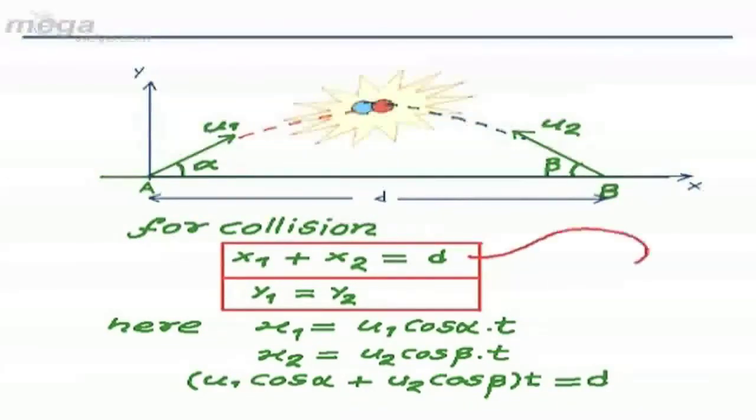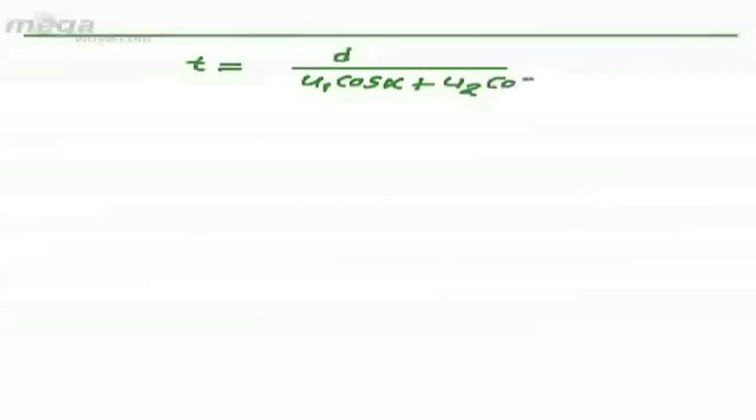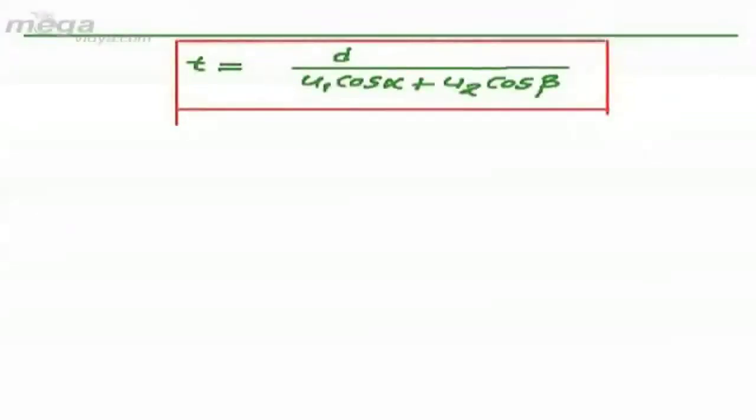So the time of collision can be calculated using the formula d divided by u1 cos alpha plus u2 cos beta, which is the time at which these two projectiles will collide.